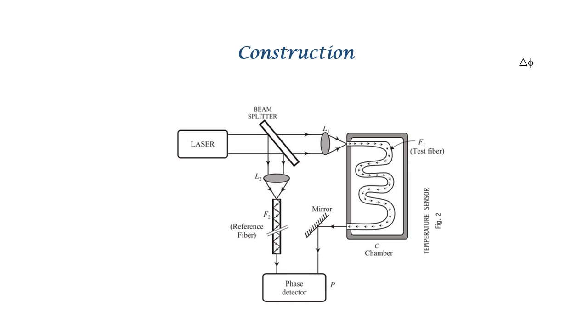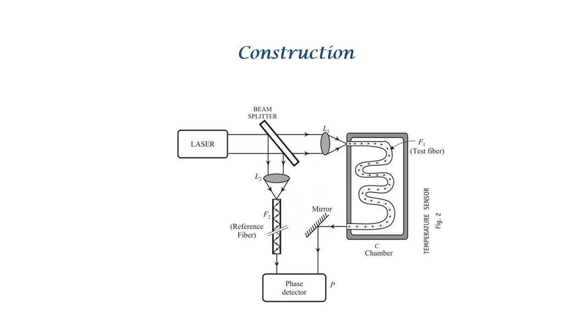The transmitted beam from beam splitter is focused onto the receiving end of F1 through the lens L1. The beam emerging from its other end is reflected onto a phase detector by the help of a mirror.